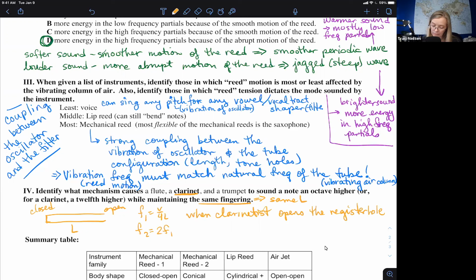and they match their blowing rate. Sorry, this should be 3F1. So they have to blow faster, and access or sound the second natural frequency of the tube.